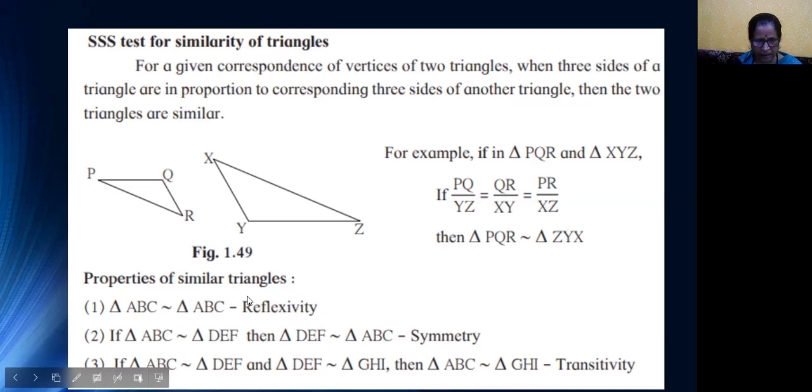Here, the first property is that triangle ABC is similar to triangle ABC, which means each triangle is similar to itself.